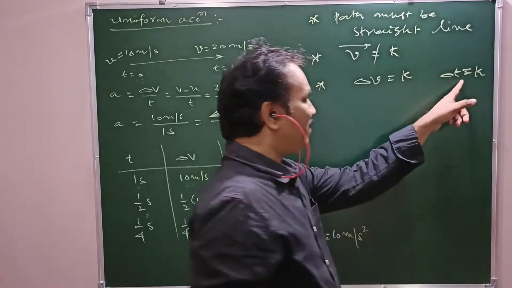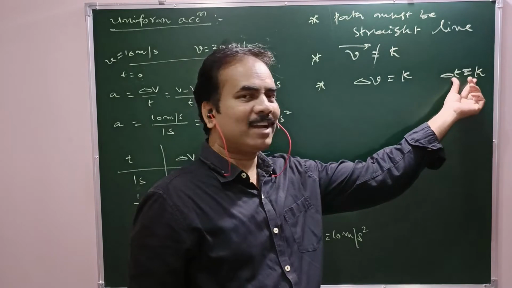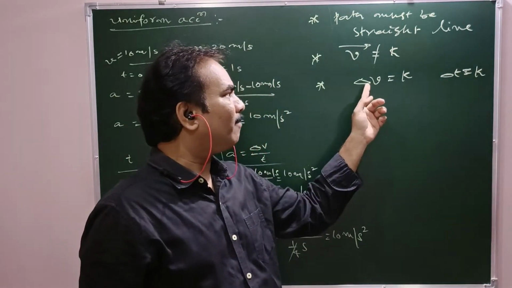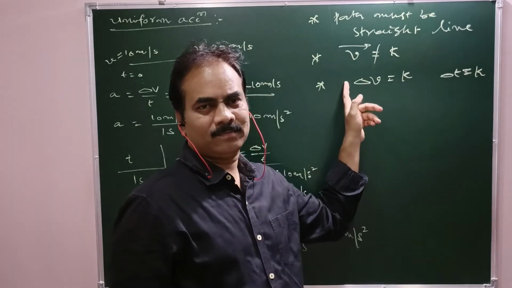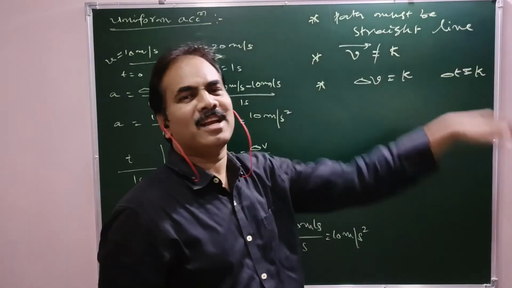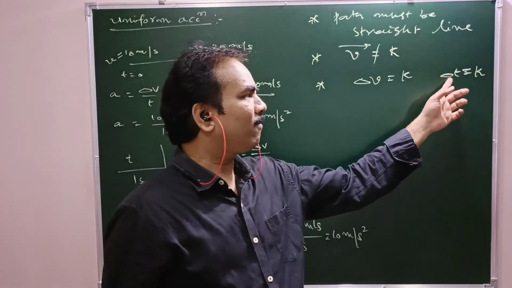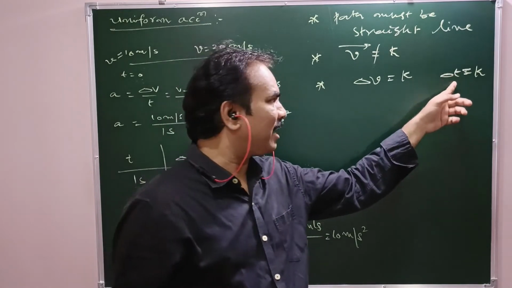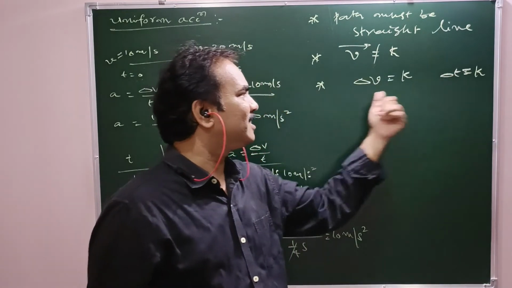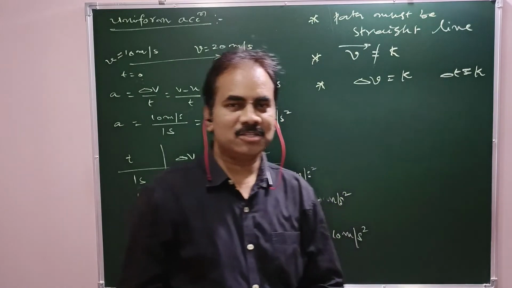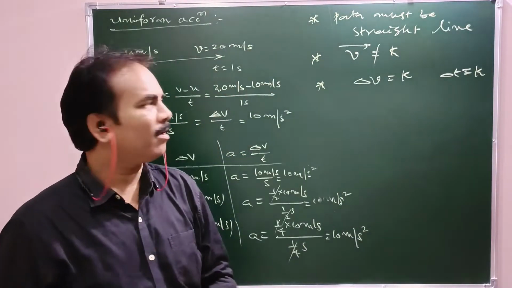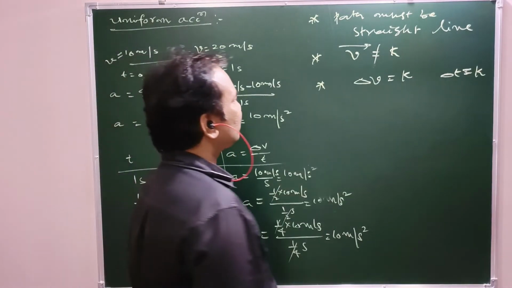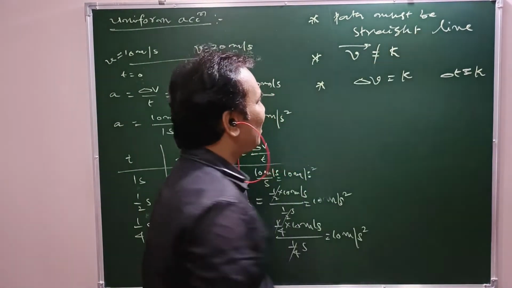That means to say that in equal intervals of time, the particle must undergo equal changes in speed, moving along a straight line. If in equal intervals of time a particle undergoes equal changes in magnitude of velocity or speed, then that is the indication of uniform acceleration. Am I right? So the path must be a straight line.